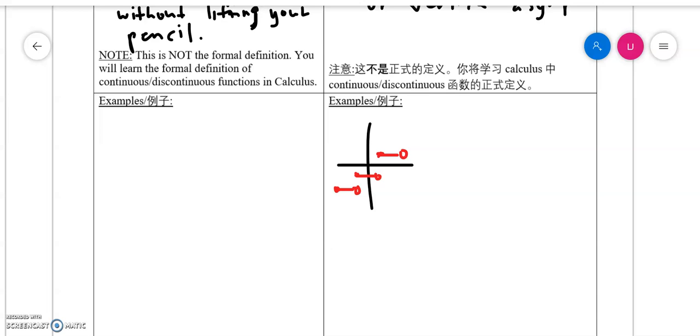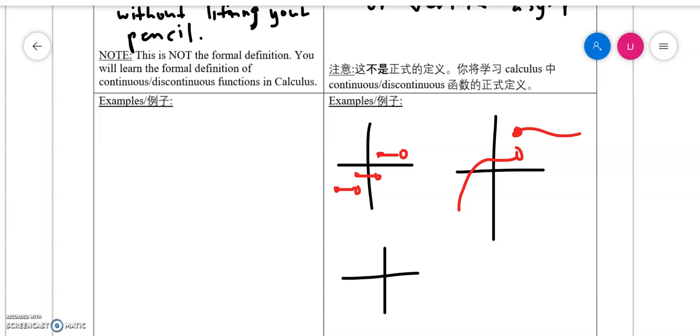Holes is when there's an open circle, basically. So if you have some sort of graph and there's an open circle and then the graph goes somewhere else, this is a jump with a hole. Though more typically you're going to see a hole like graph 2 from yesterday, where there's just a random hole in the middle.